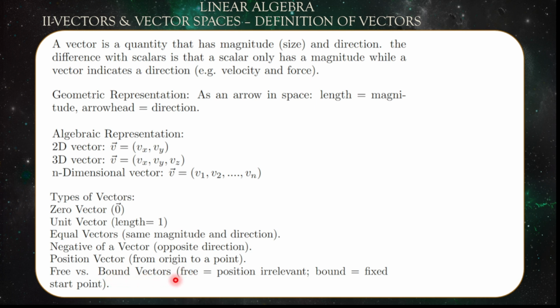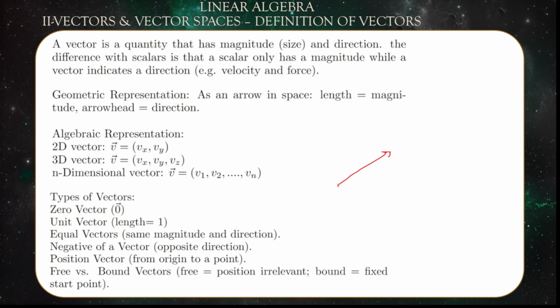Free versus bound vectors, free means position irrelevant. So it has nothing to do with position, or its position is irrelevant. Bound vector, it means that it is fixed at a start point, but it can go in different directions. So to give you an example, let's say we're talking about the negative of a vector. So let's say you have a vector like this.